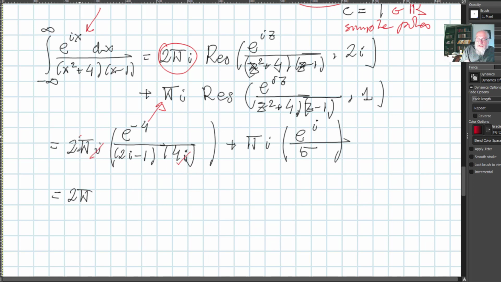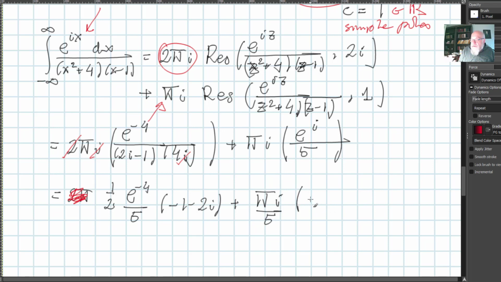So let me just simplify it. This will be like a 1/2. This will be e to the minus 4 divided by 5, and this will be minus 1 minus 2i, and this will be pi, and here I have pi i, and then you have here also divided by 5, and then you have cosine 1 plus i sine 1.